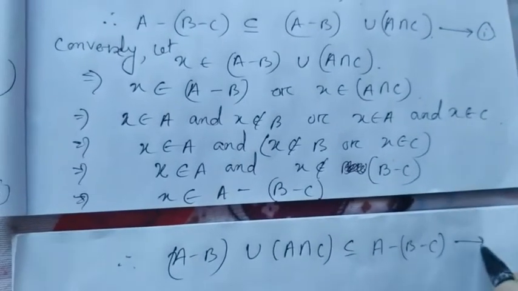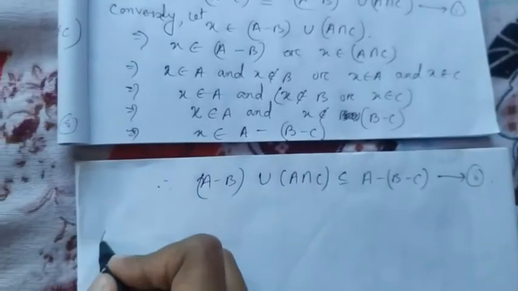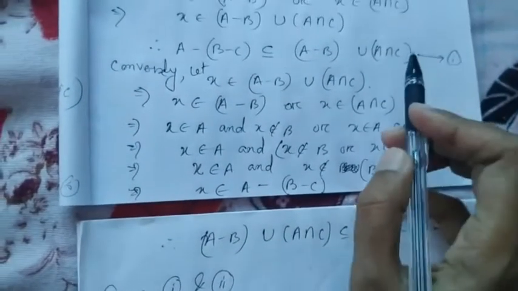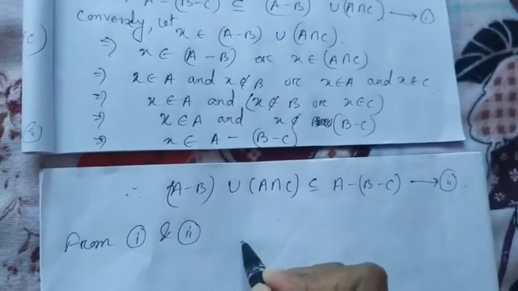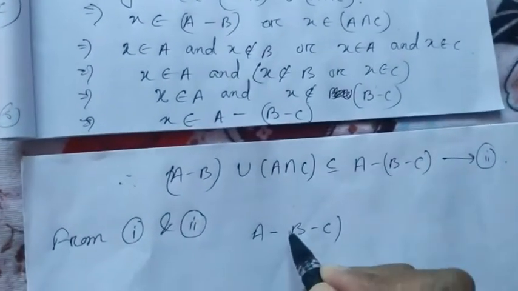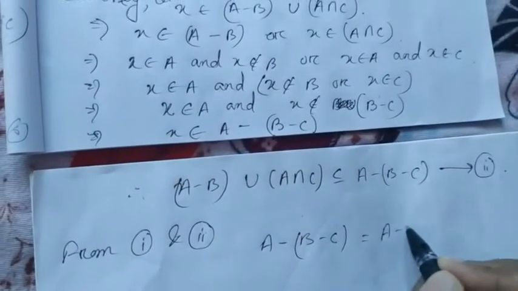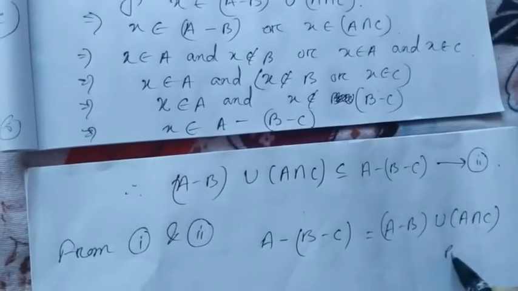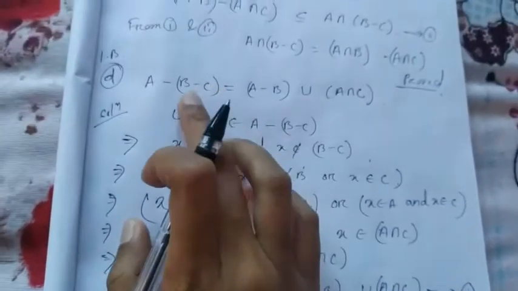Now this is what I will give number 2. So from 1 and 2, what we can write? Therefore A minus (B minus C) is equal to (A minus B) union (A intersection C). Proved. So we have proved this part.